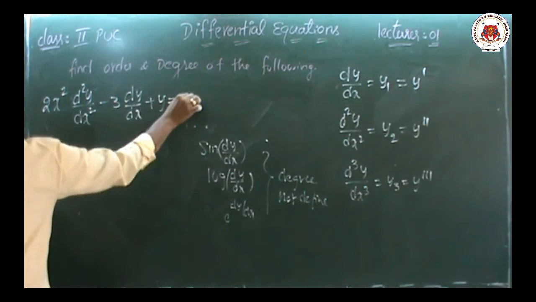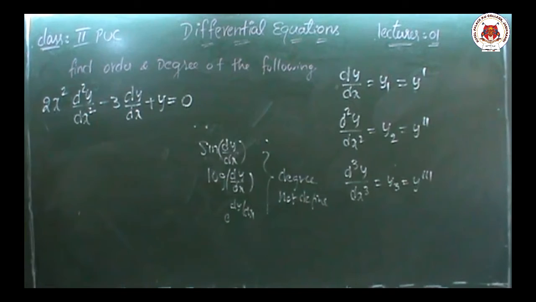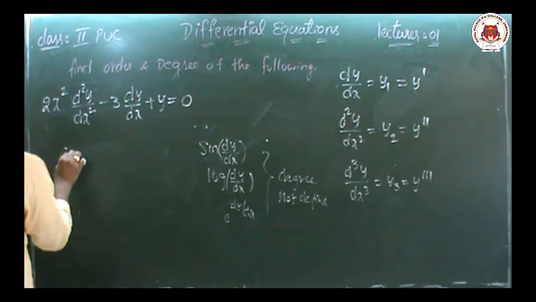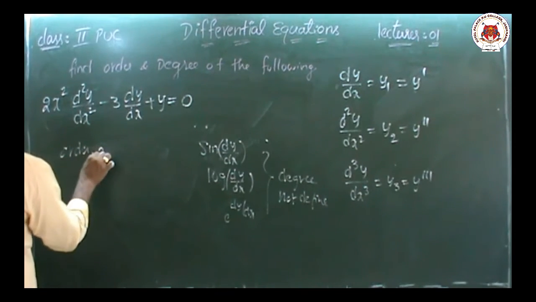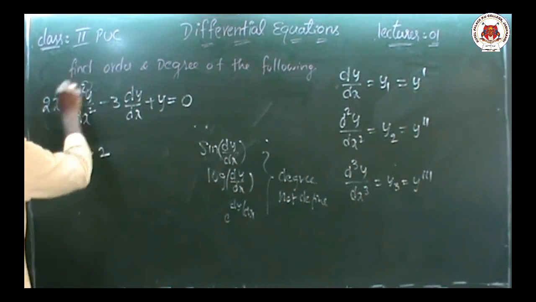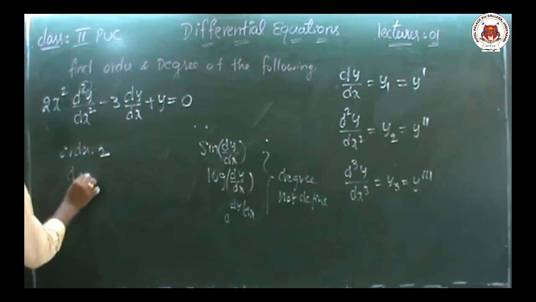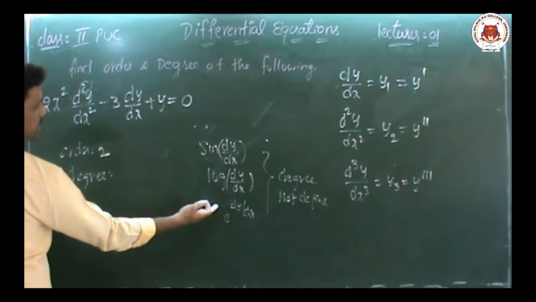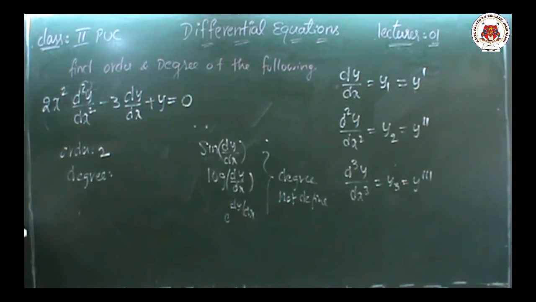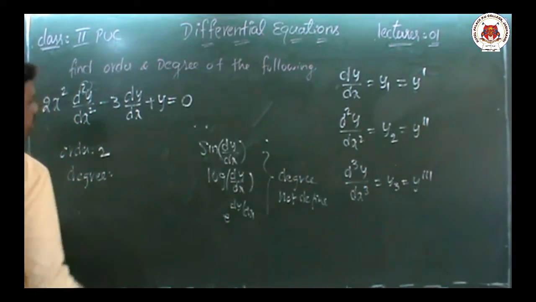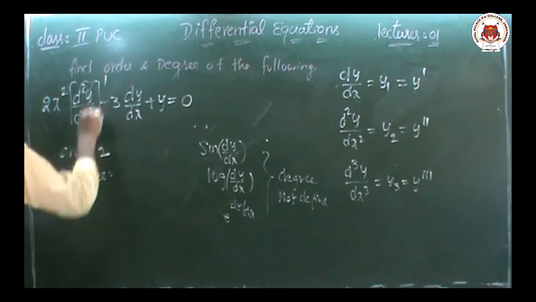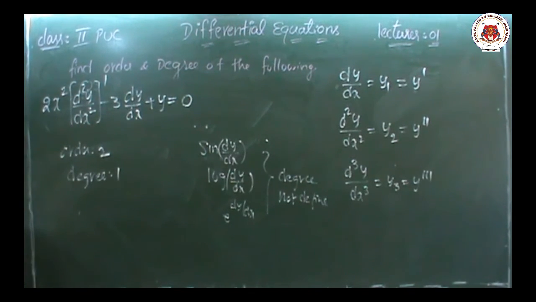Here one time differentiating, here two times differentiating. Compulsorily order equal to 2. Then degree. The degree can be defined, because this is not in any of those forms. So what is the degree? The power of the highest-order term, nothing is there, means 1. So order 2 and degree 1.